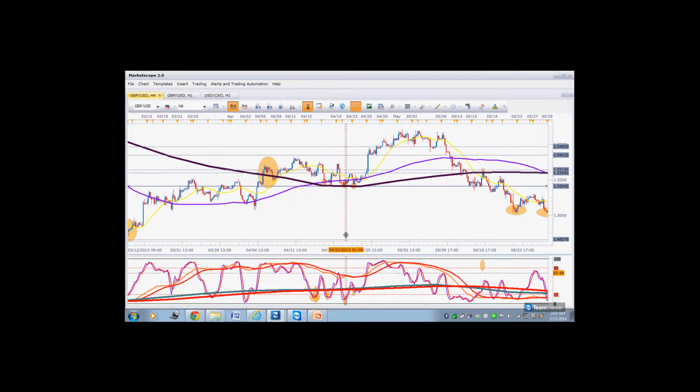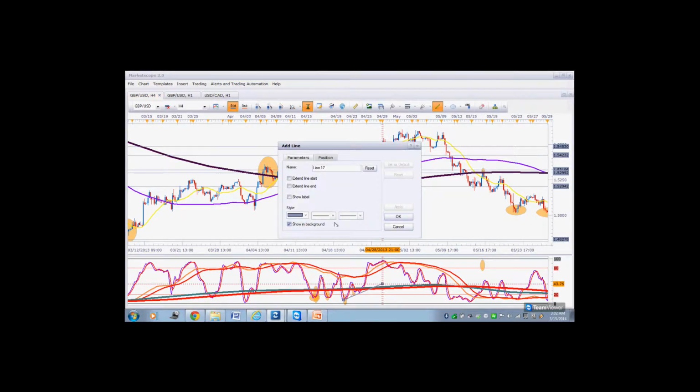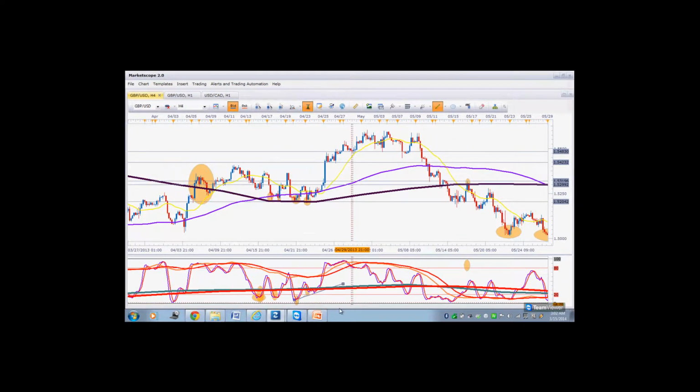You see here, there was another test of the support line, but our 4-hour stochastic has given us a higher low setup just above the 20 level, after it crossed over from the triple bottom.